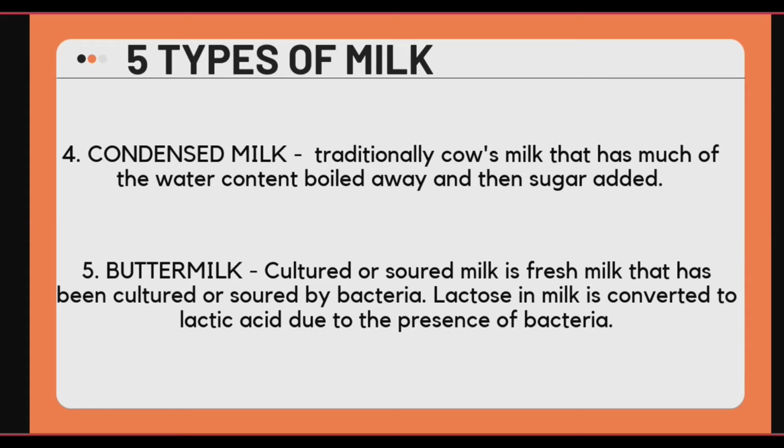Traditionally cow's milk that has much of the water content boiled away and then sugar added. Lastly, buttermilk. Cultured or stored milk is fresh milk that has been cultured or stored by bacteria. Lactose in milk is converted to lactic acid due to the presence of bacteria.